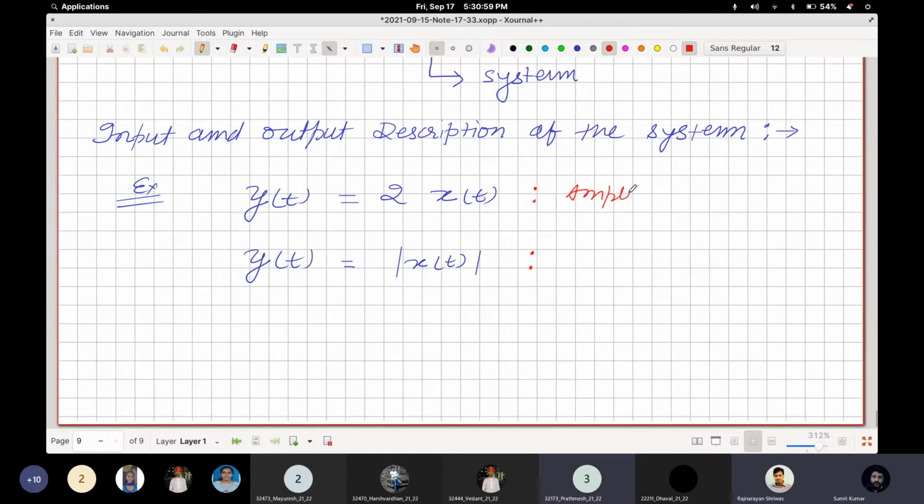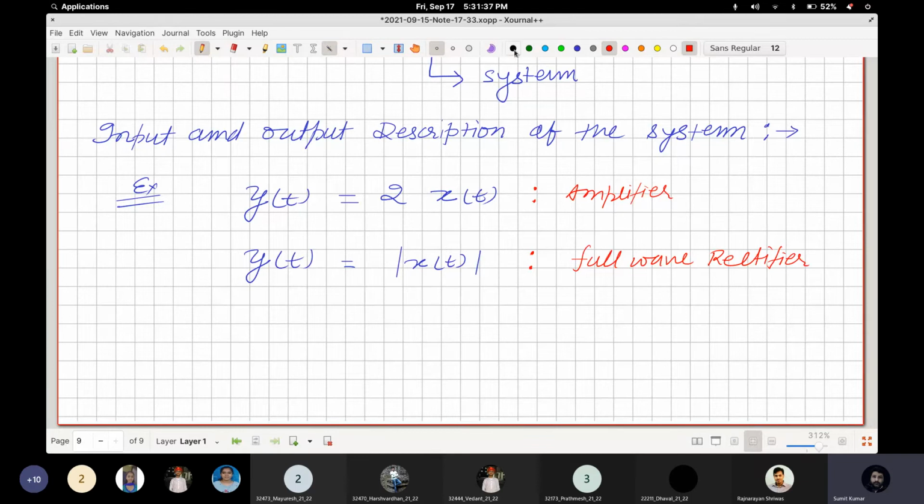Yes, the input is given, it gets multiplied, it's an amplifier. And if you take xt and take its modulus, which system is that? Have you seen any device which works like this, where the input is given and it takes the modulus of the input? Look, it's a full wave rectifier, isn't it? Okay, are you getting my point?